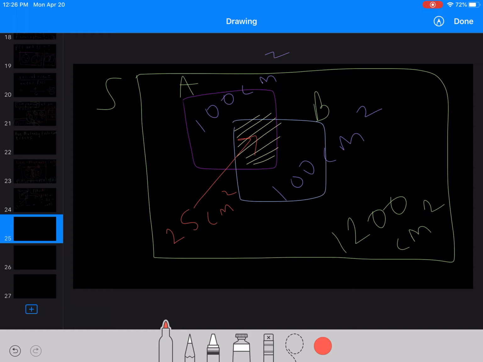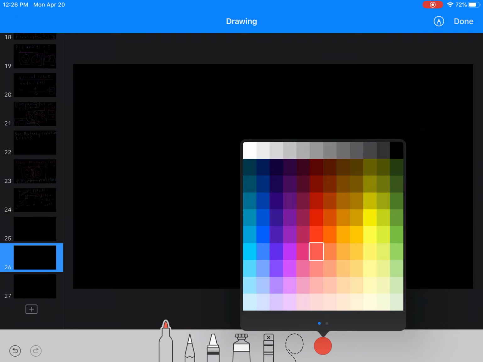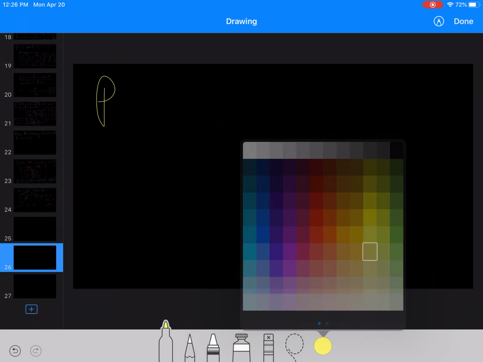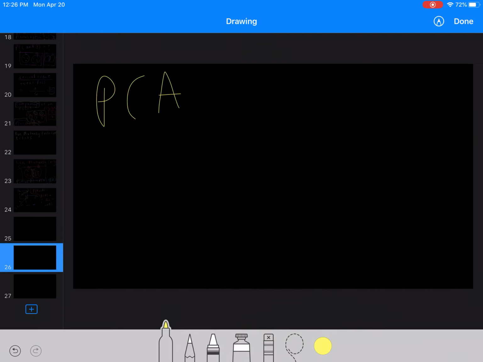So let's look at the question. What is the probability of being in A or B? So what we need to look at now is the formula for a non-mutually exclusive event. So what we have to do is write this formula here.